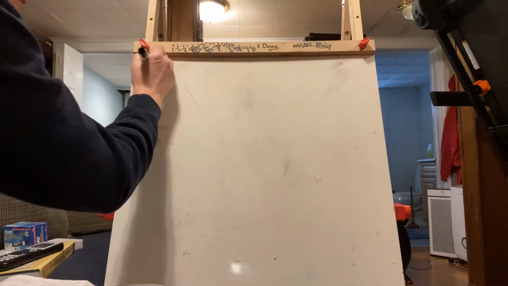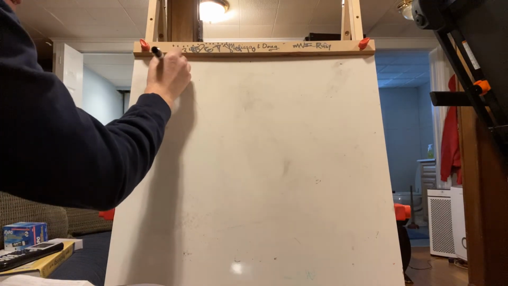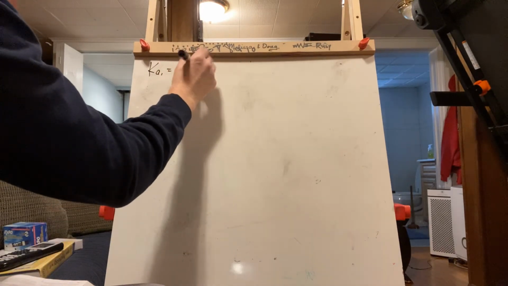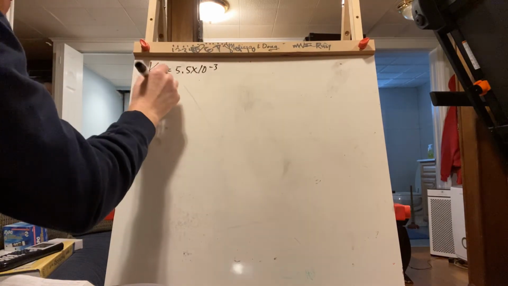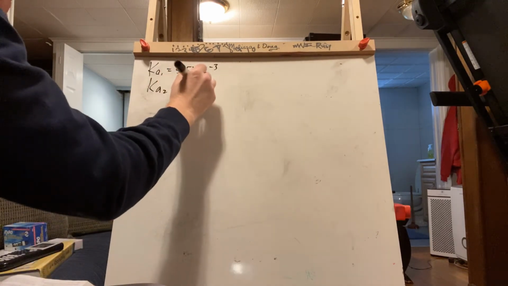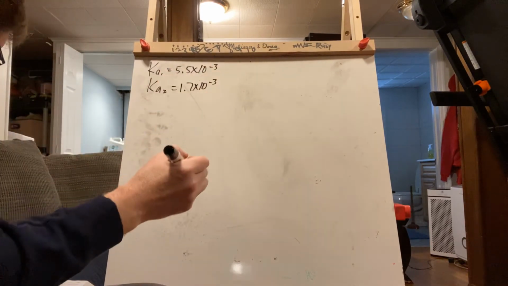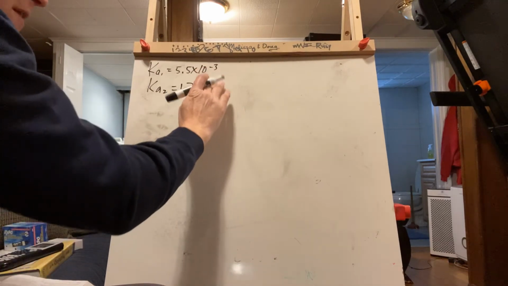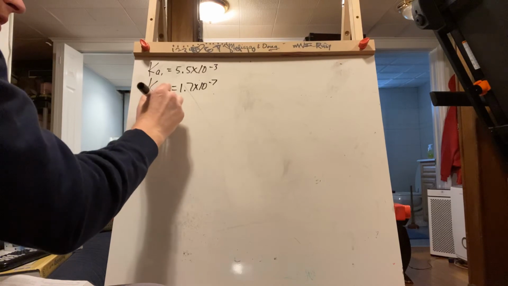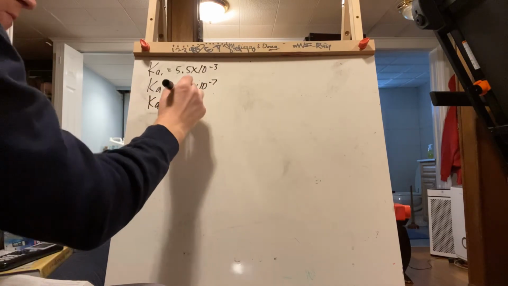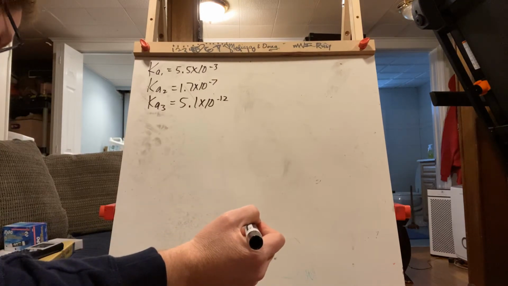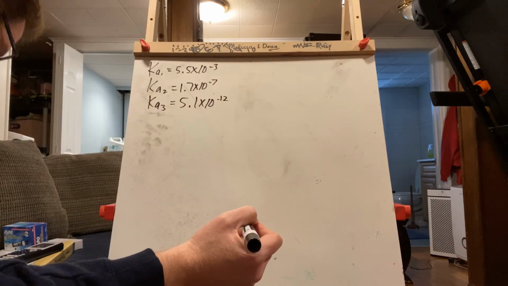This is going to be kind of annoying. I might have to write small. Ka1 is 5.5 times 10 to the negative third. Ka2 is 1.7 times 10 to the negative seventh. And then Ka3 is 5.1 times 10 to the negative 12. And then they ask for a lot of different stuff.